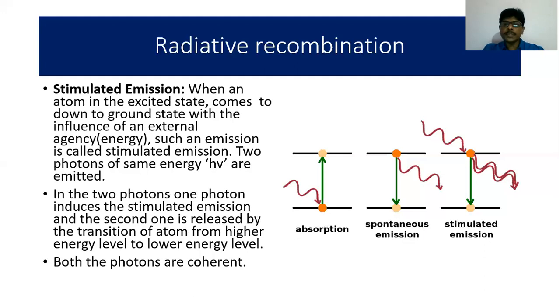Spontaneous emission means these atoms from the higher energy states come down immediately to the lower energy states. Stimulated emission means the atom in the higher energy state is forced to come down when external energy strikes it. In all this, what is important is stimulated emission.